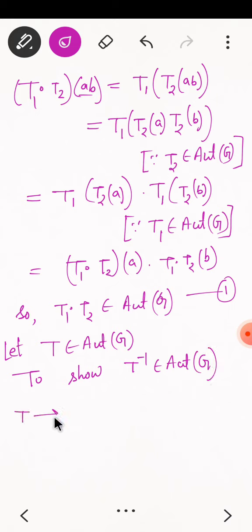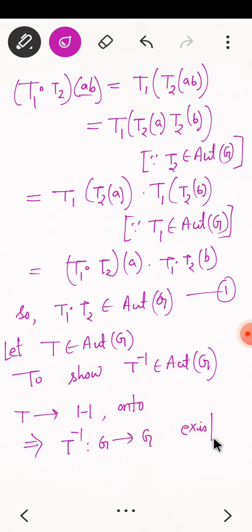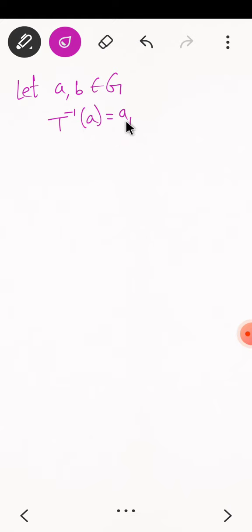First of all, as T is both one-one and onto, T inverse from G to G exists, and this is both one-one and onto. Let two points a, b belong to G. Then let T inverse of a equal a1 and T inverse of b equal b1.